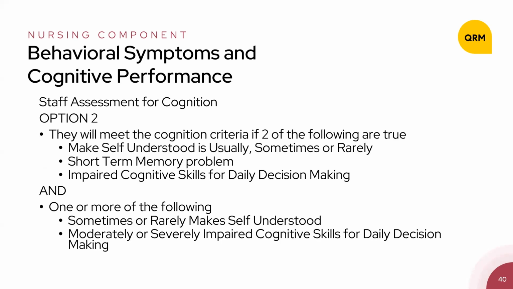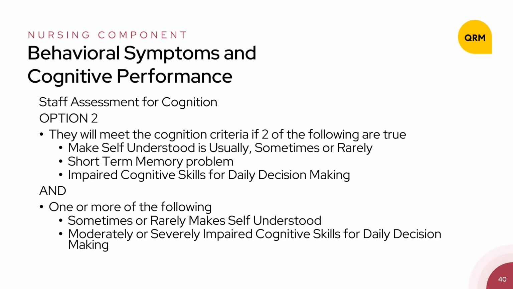If they don't meet either of those, then we'll look at option 2, which says they have to meet the cognition criteria in 2 of these and 1 of these. So 2 of these: make self-understood is usually, sometimes, or rarely, short-term memory problem, impaired cognitive skills for daily decision making. And 1 or more of the following: sometimes or rarely make self-understood, moderately or severely impaired cognitive skills for daily decision making. So those are the 2 ways that if you don't have a BIM score and you had to use a staff assessment, then you have to look at those options.